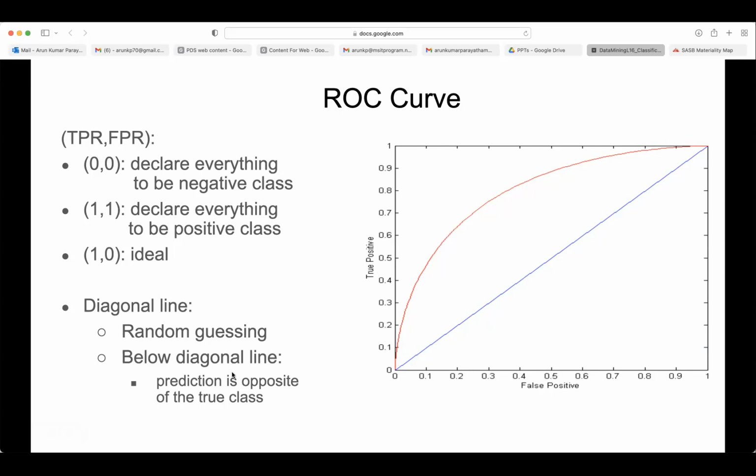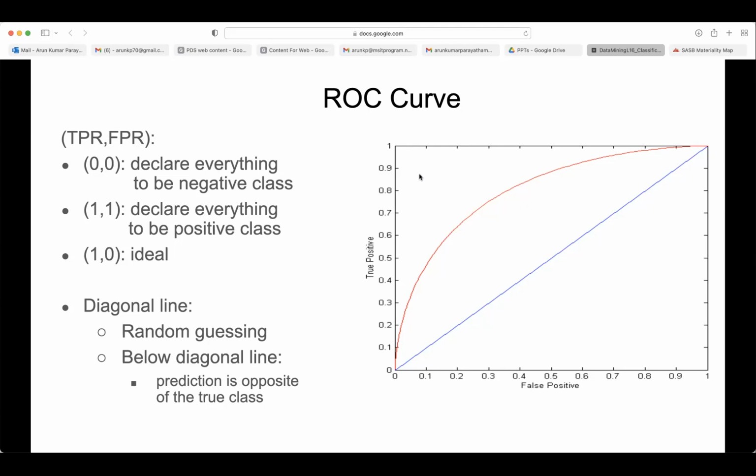Below the diagonal line, the prediction is the opposite of the true class. When you draw this ROC curve, we'll show how to draw it. But once you draw the ROC curve, if you have maximum area under the curve, that curve is good.